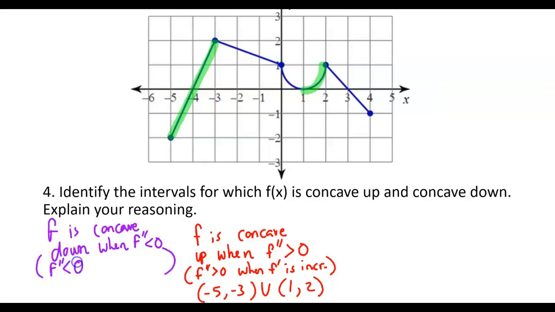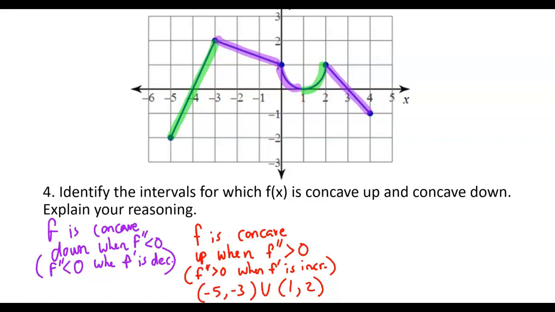F double prime is negative when f prime is decreasing. So, in other words, anytime my graph up here of f prime has a negative slope, that means f double prime is negative, which means that f is concave down. So that would be here. We have a negative slope, another negative slope here, and then another negative slope here.